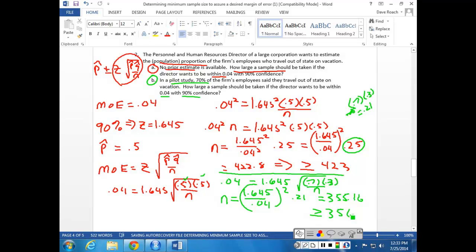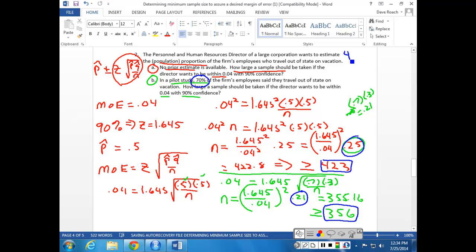One other issue, it's not in this problem, but let's consider a little bit about the value of this information. Because we know that it's 0.7, we're multiplying by 0.21 instead of 0.25, and we end up having a smaller sample size.